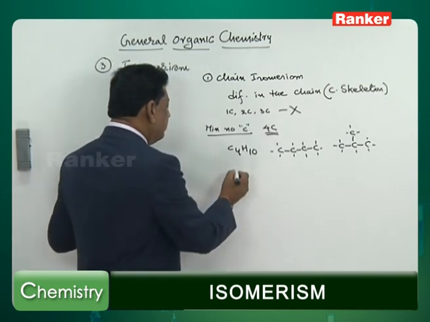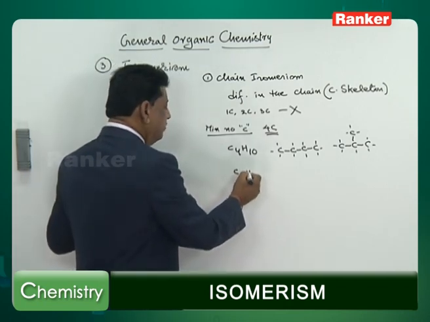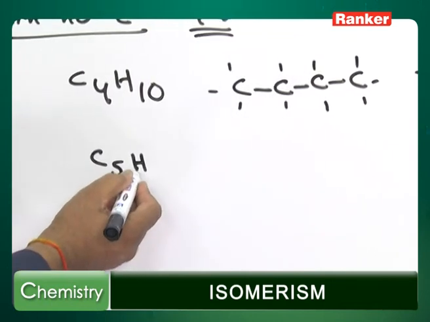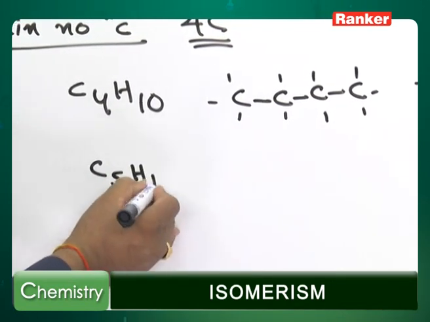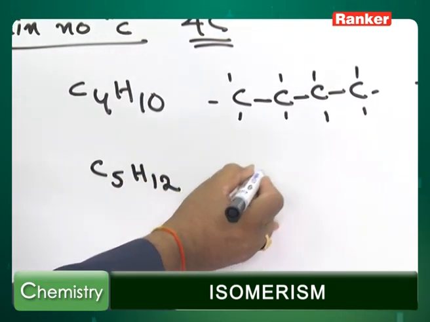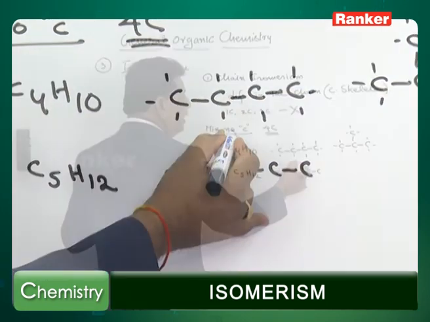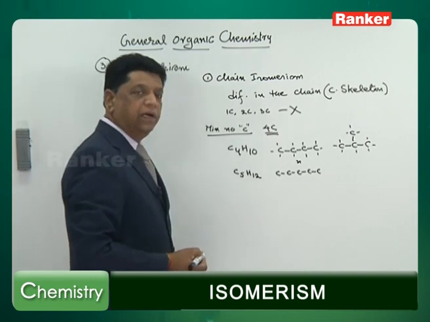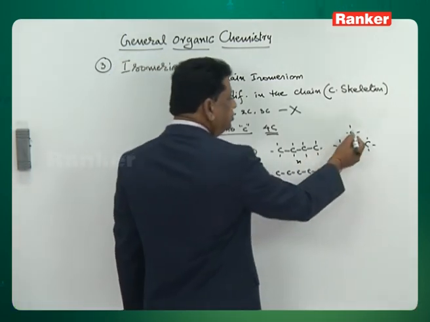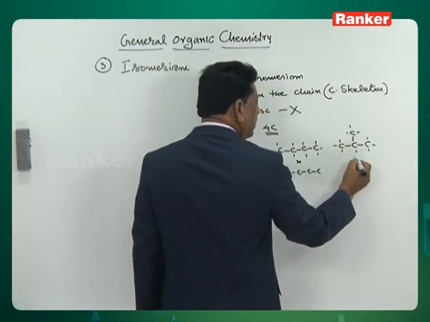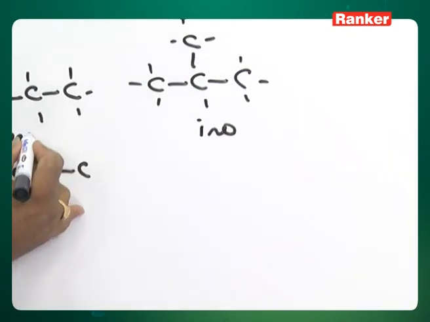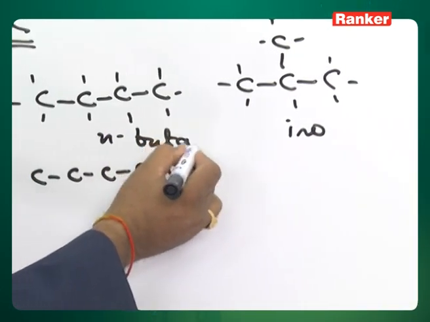Similarly, when 5 carbons are there, CnH2n+2, that means 12 hydrogens will be there. So, this straight 5-carbon chain is always called N type, that is normal type. Whenever there are 2 methyls with a long chain, it is called iso. So, these 2 are called N-butane and isobutane.